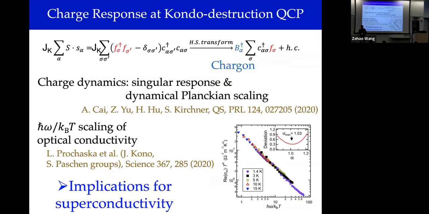And so I just want to quickly recap. In an unusual form, here all the quasi-particles on the Fermi surface are lost.